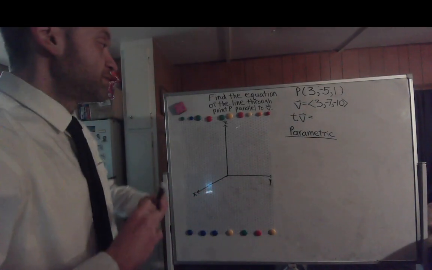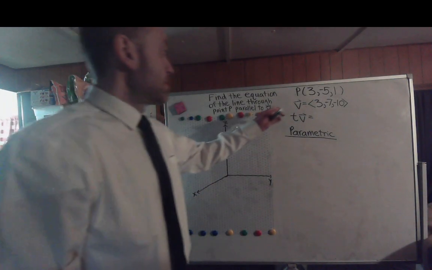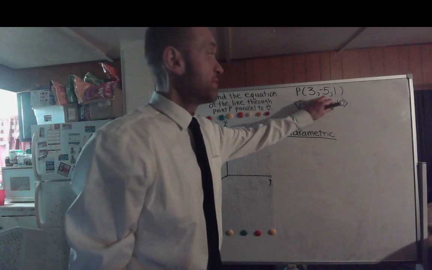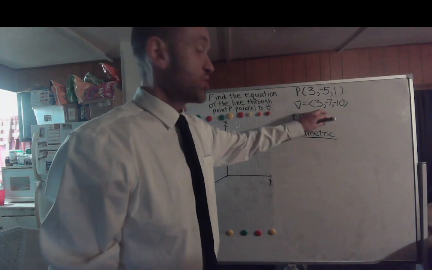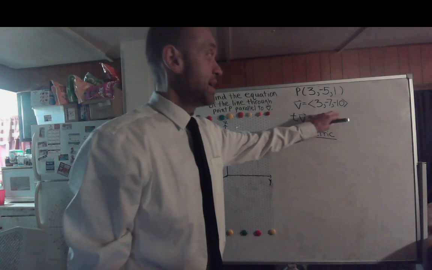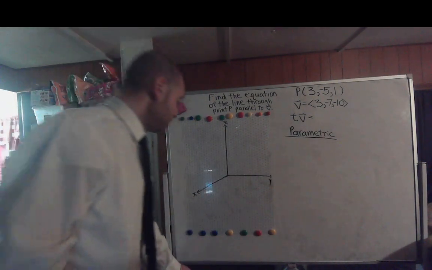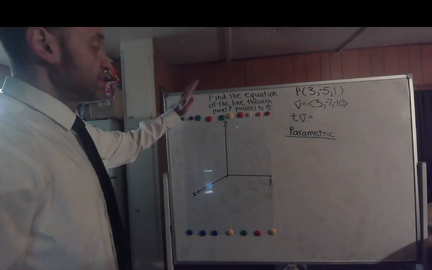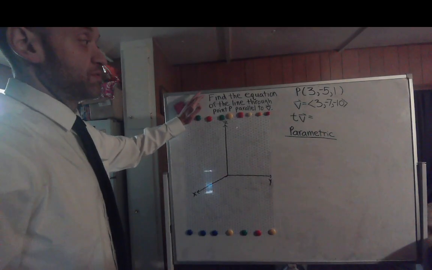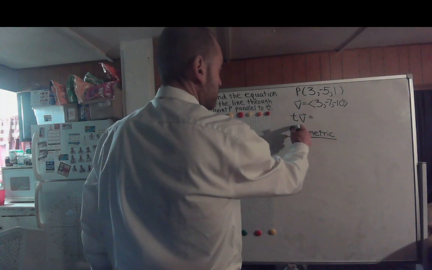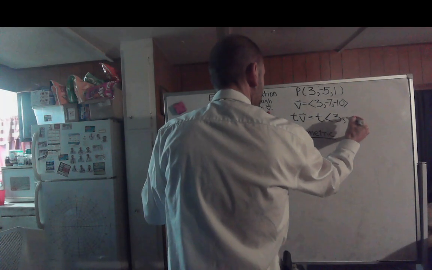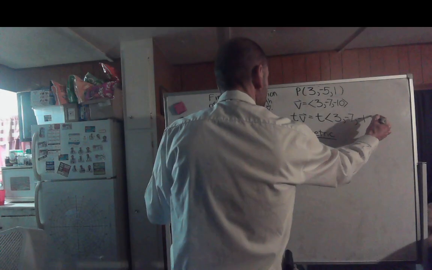So we have point P that the line goes through at 3, negative 5, 1, and the direction vector, vector v, at 3, -7, -10. Well, again, if the line is parallel to vector v, it's just going to be that scalar multiple of t times vector v. So we'll take t times that vector of 3, -7, -10.